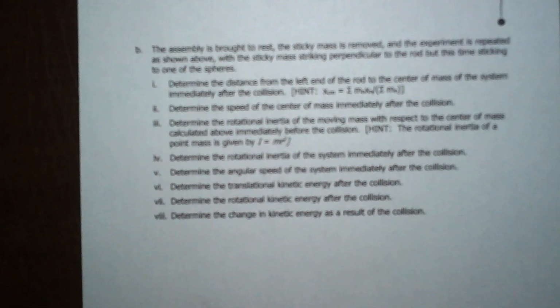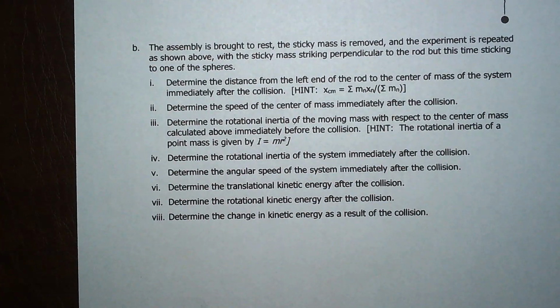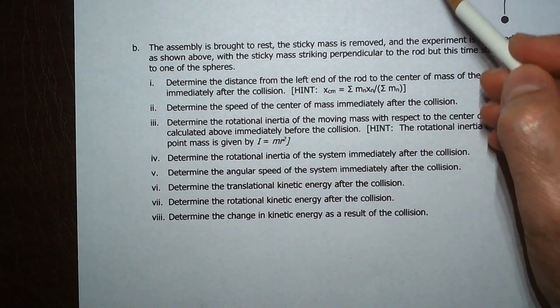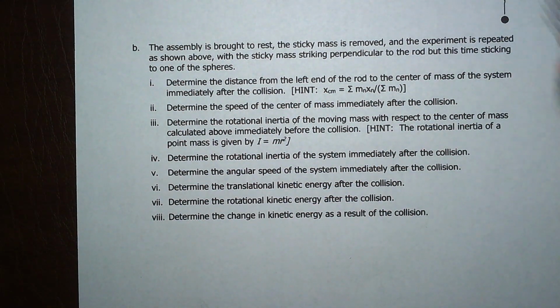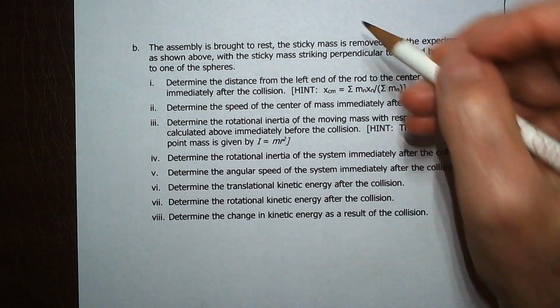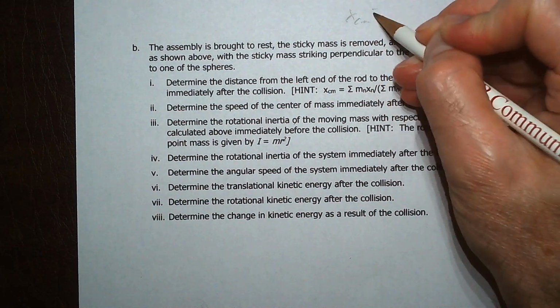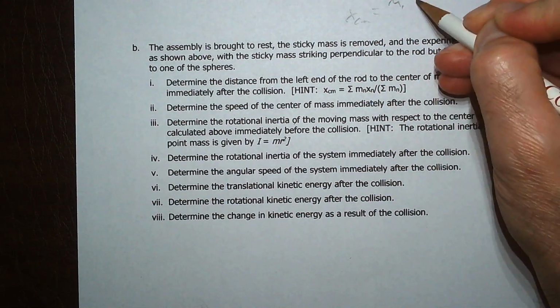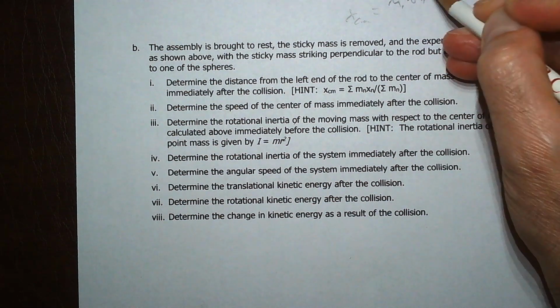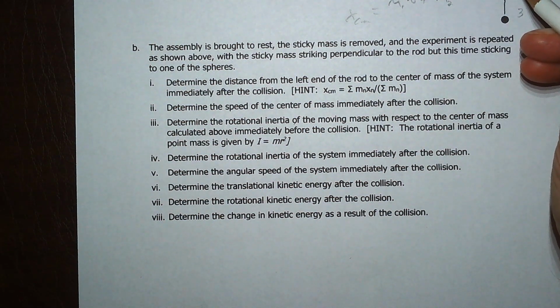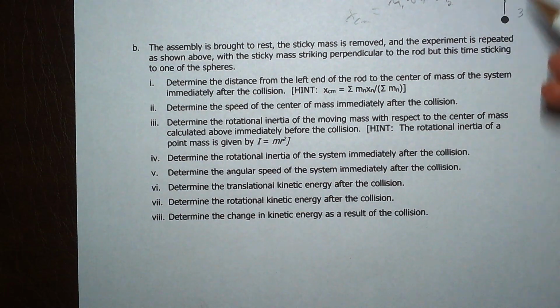Okay, for the first part here, that's going to be finding the center of mass, and it wants to know from the left end, so this is going to be our origin there. So let's say 1, 2, 3. So center of mass would be the mass of 1 times 0, plus the mass of 2 times the distance away, which it tells us how long that is.